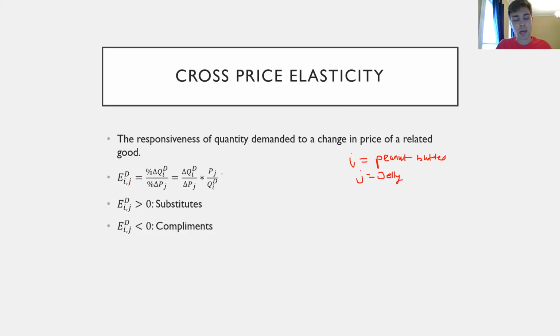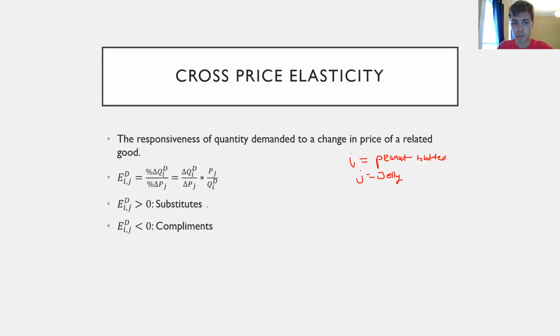We could again write this as the change in quantity demanded of peanut butter over the change in price of jelly, times the price of jelly over the quantity demanded of peanut butter. We're going to get an elasticity that's either greater than 0 or less than 0, and that will allow us to determine whether the goods are substitutes or complements.